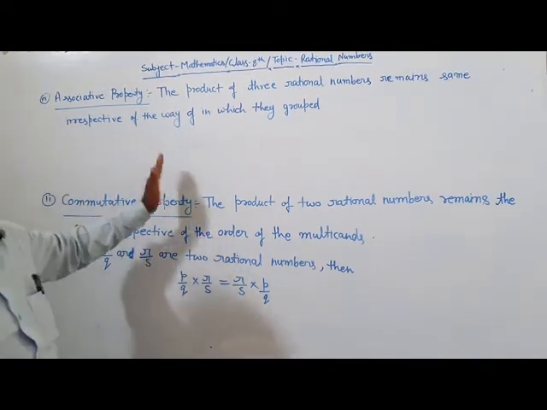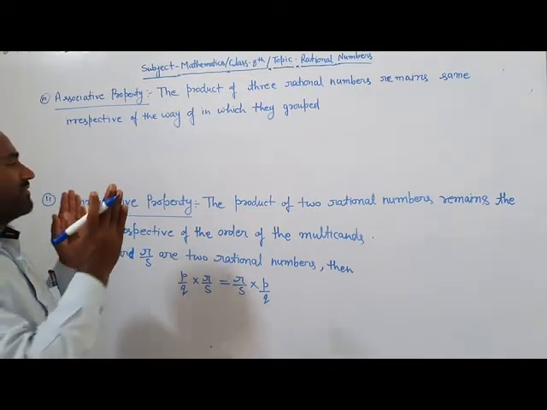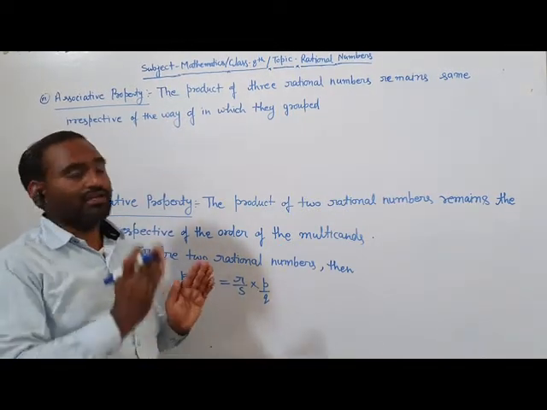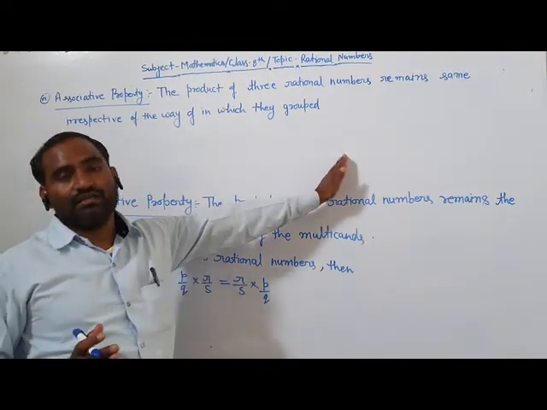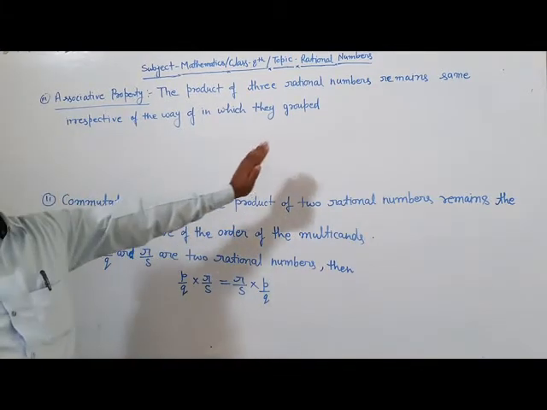The multiplication is equal to the product of the first and second rational numbers into the third rational number. In both cases, the product is the same.